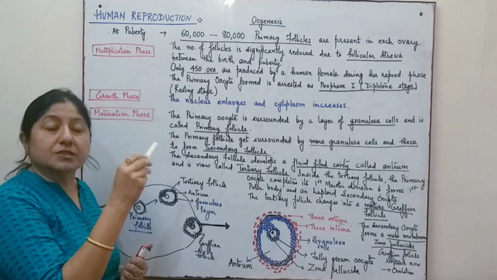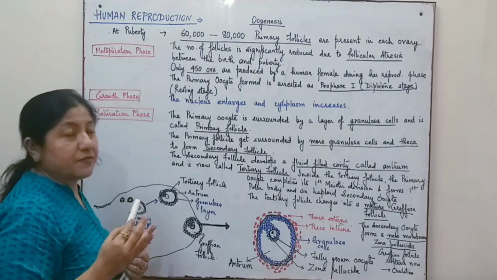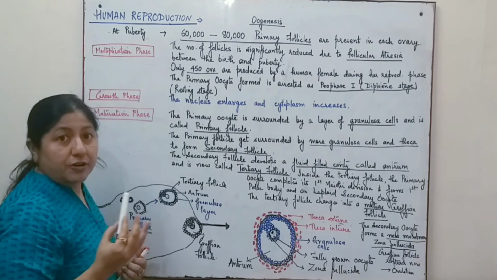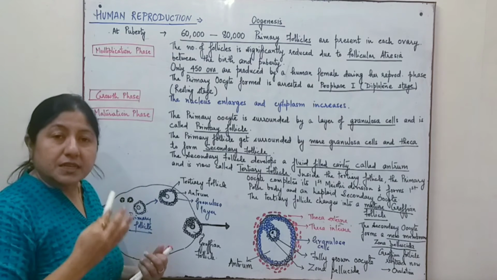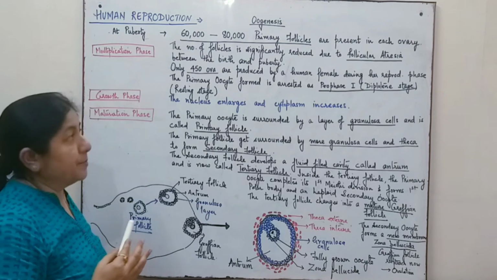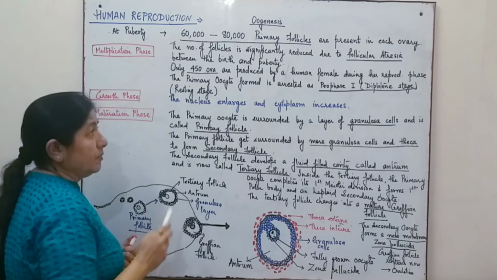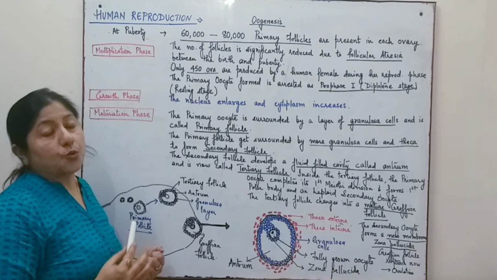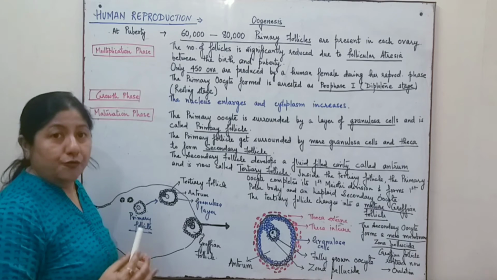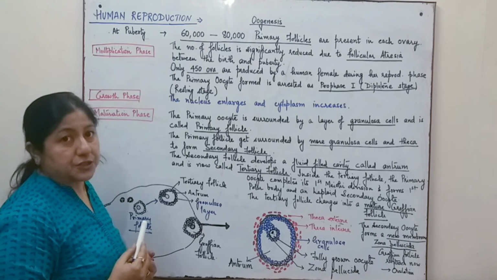Initially the number was very high, reaching up to 7 million in the embryonic development, but at puberty a female has a significantly reduced number of primary follicles. And also a female can produce only 450 ova during her reproductive phase.